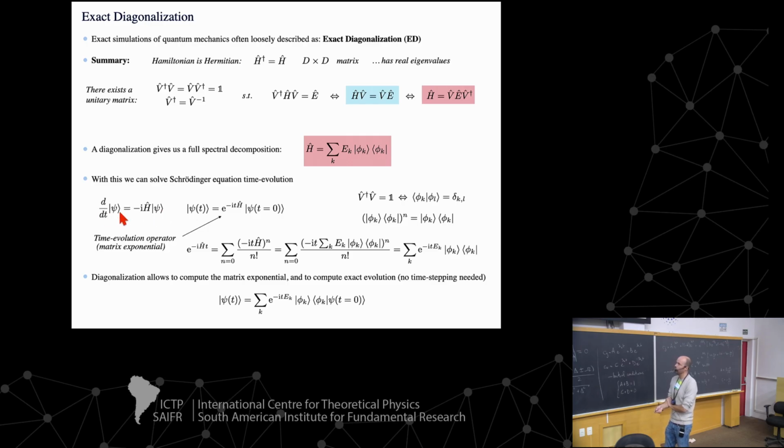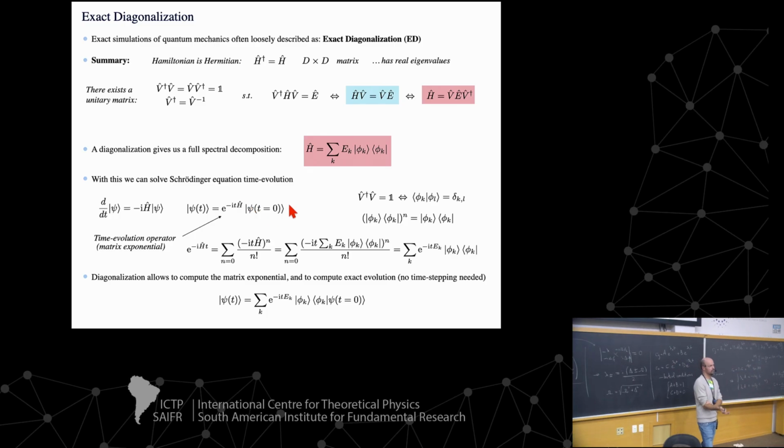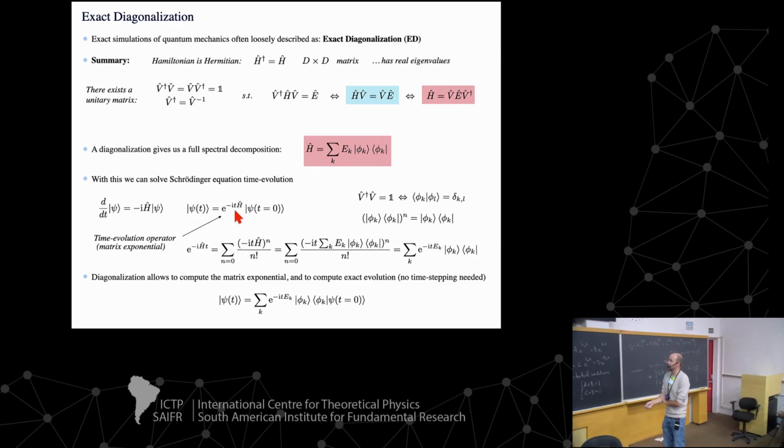So if I formally integrate the Schrödinger equation, for now assuming a time-independent Hamiltonian, everything here is time-independent, then my state at time t is given by the matrix exponential of minus i t times the Hamiltonian applied to the initial state. If I have your vector at time t0, then this matrix exponential multiplied to this vector gives you the state at time t.